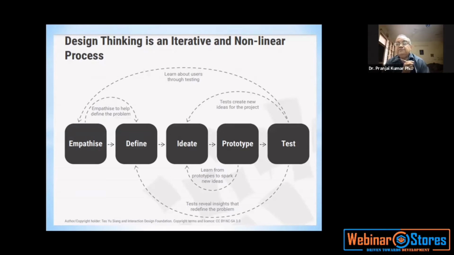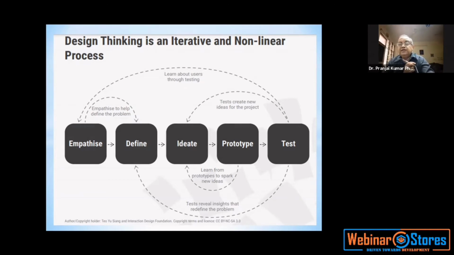It is iterative, meaning you may have to pass through some processes a number of times. It is not that once empathize is done, you have to wait for its completion to move to define, or complete define before you move to ideate. No, you can start with empathize, and parallelly start with define also. In the meantime, you can start with ideation also, but the number of times involving any of the processes can be n number of times.